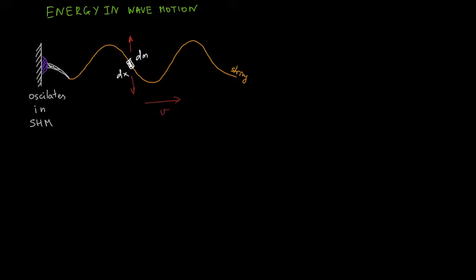Now, if the blade is going up and down, there is a transverse velocity, so there is a kinetic energy associated with the moving element. If we write the kinetic energy of that moving element, that would be dK equals 1/2 the mass of that tiny element times the transverse speed squared.